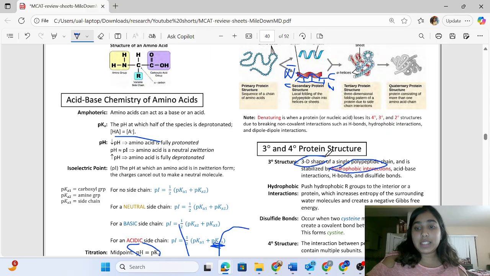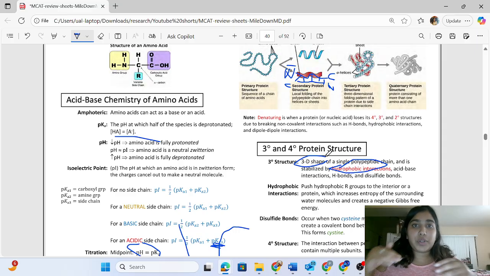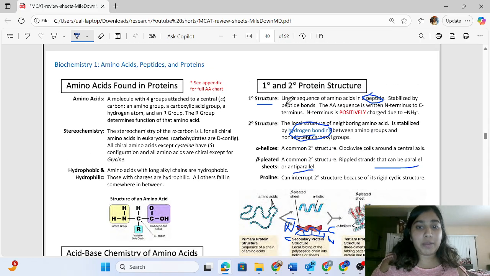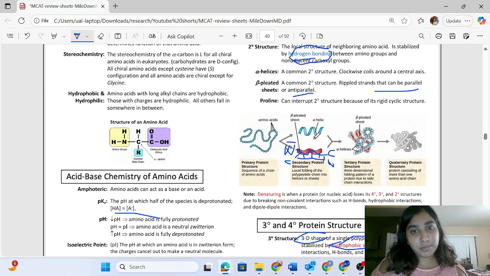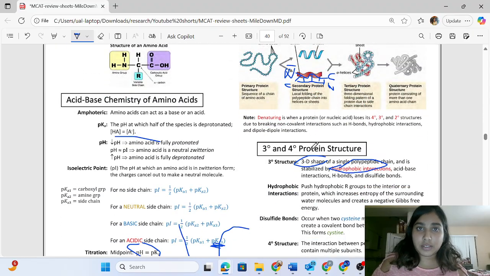So same here, hydrophobic amino acids will not like the water, so they will go deep inside the 3D structure, and the hydrophilic amino acids will take over and go around it. Okay, so 3D structures are made up of hydrophobic interactions. So primary structure is made up of covalent or peptide bonds, secondary is because of hydrogen bonds, and then tertiary is because of hydrophobic interactions.